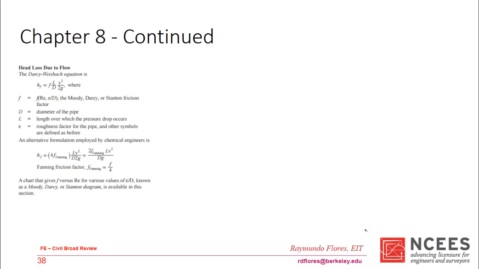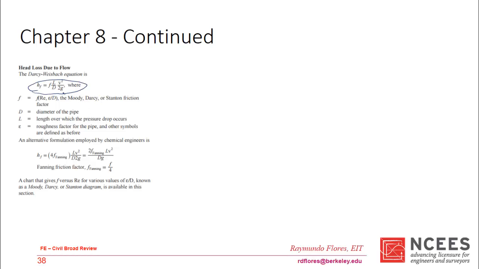So HF or HL, whatever you want to call it, is generally based upon evidence, or empiricism. But for the Darcy-Weisbach equation, I don't know where it comes from. I just know that it's very commonly used to figure out what the head loss is.